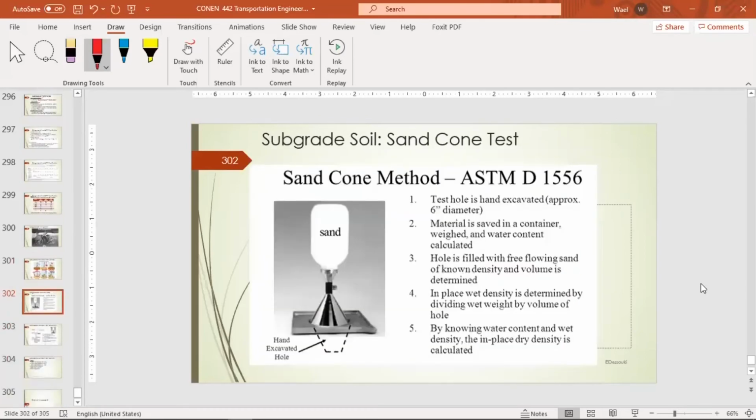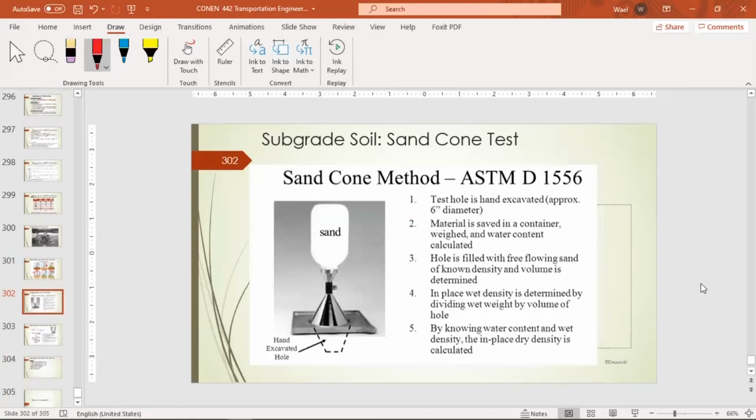So the ASTM standard method for the sand cone: basically we have sand in this jar, and there is a metal cone, and we dig a hole in the soil. Then we take the material out. So basically, this hole is hand excavated. We excavate a hole, maybe with a diameter around 6 inches.